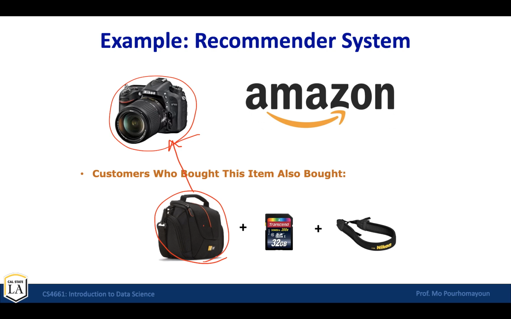It's impossible. There are millions of items and it's impossible to define these connections and correlations. The very interesting part is that the Amazon website understands this and learns this from data, from historical data of other users.